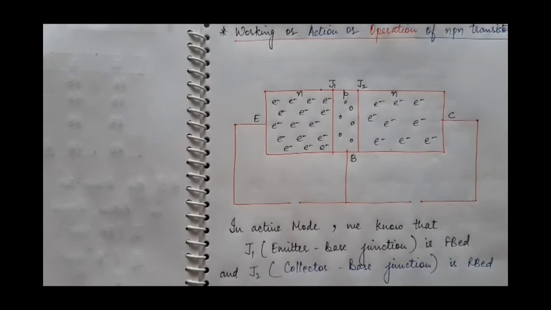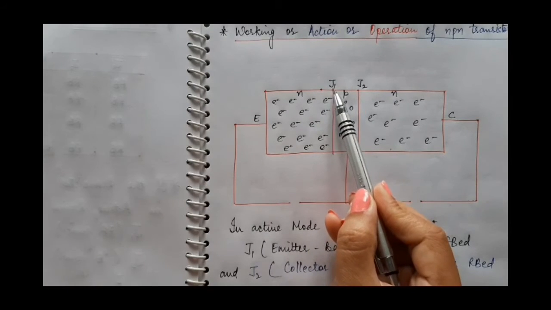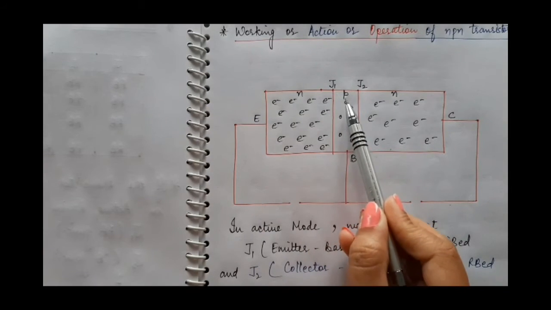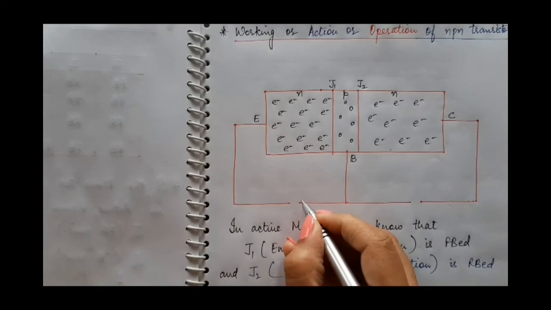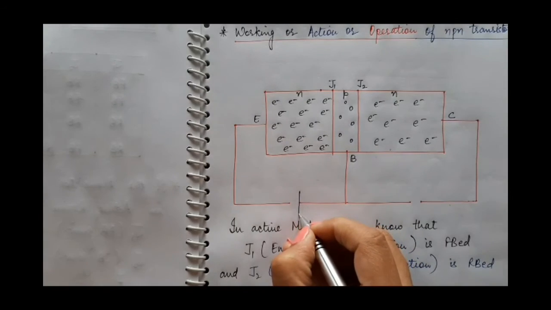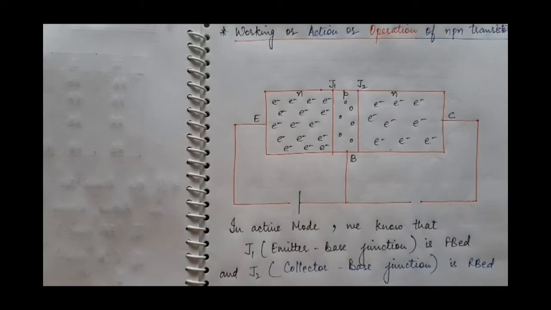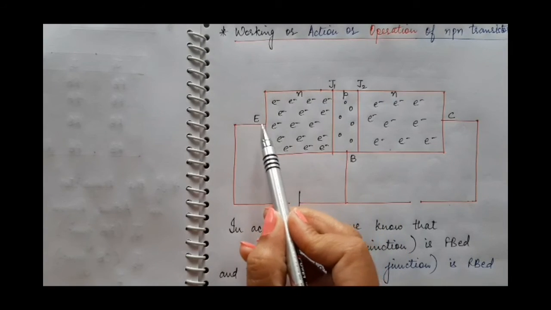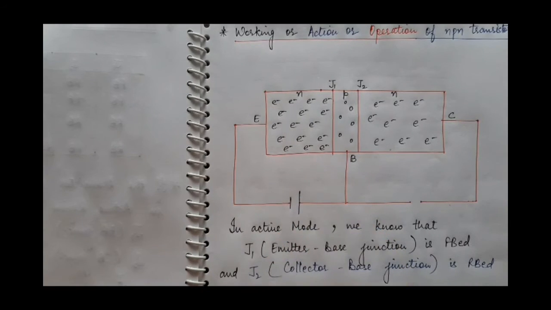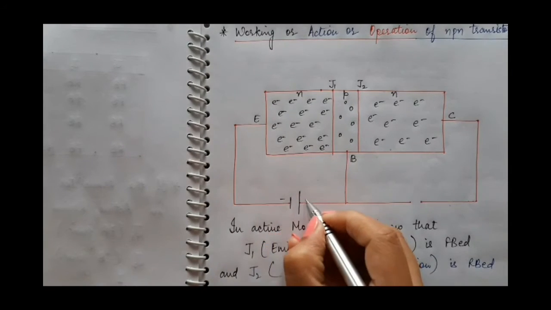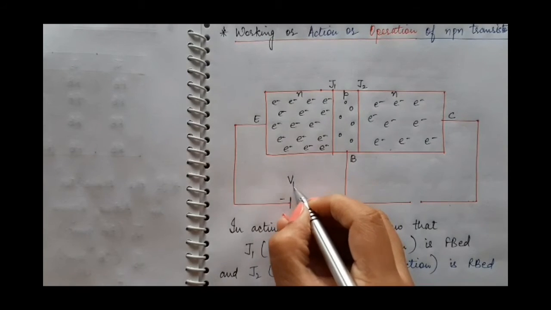So apply biasing. This junction J1 is forward biased, so we have this P-type base. The P-type base will be forward biased when it is connected to the positive terminal of the battery. And this N-type emitter will be forward biased when it is connected to the negative terminal of the battery. And this is known as VEB.